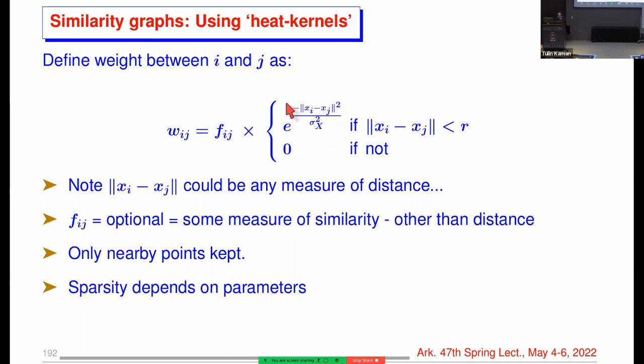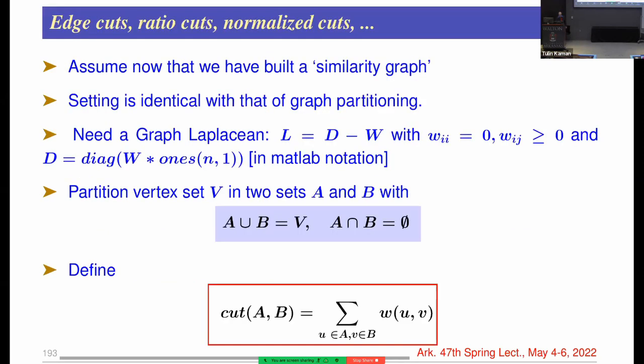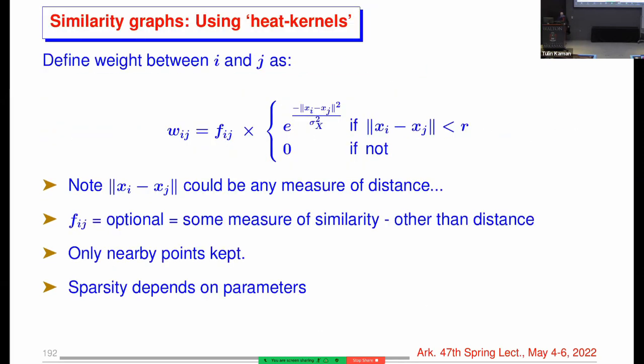And then you have these distances squared, the negative, and you take the exponential. And you only consider some of them because otherwise you get a dense matrix. Okay, only consider the nearby points. So then this thing is used, we'll see in a second how, for things like segmentation.